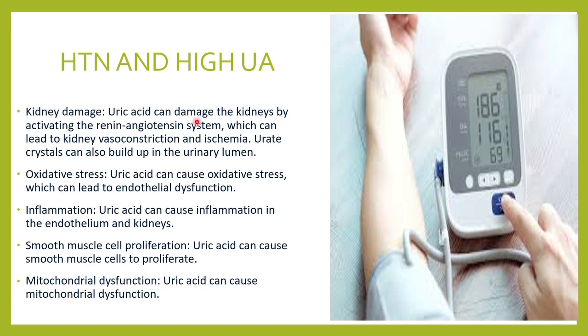Because of all this, अगर आपका uric acid ज़्यादा हो गया तो that can also lead to high blood pressure. हम लोग क्या सोचते हैं, if uric acid is high, only gout, there is no other condition associated. ऐसा नहीं है. Uric acid can also cause increased blood pressure because of all these mechanisms.